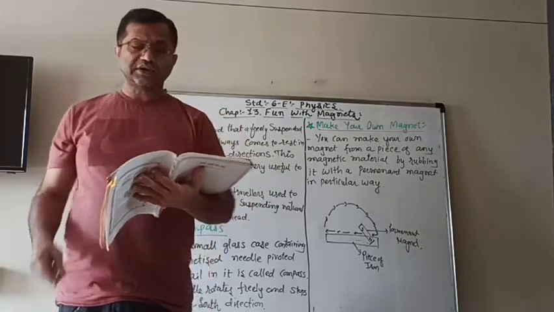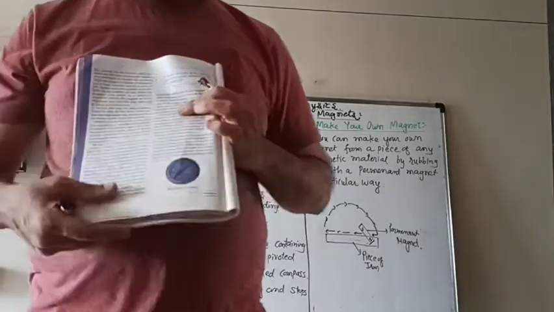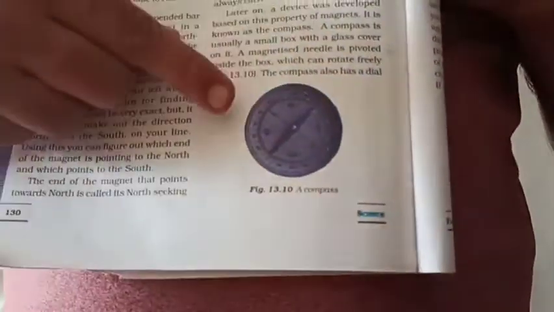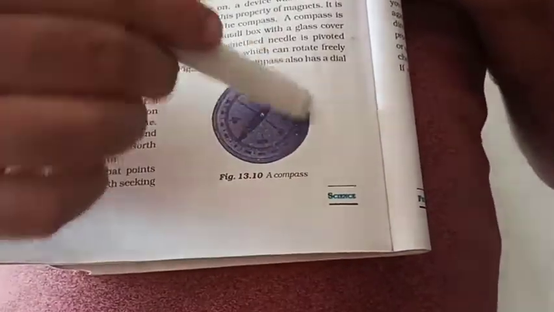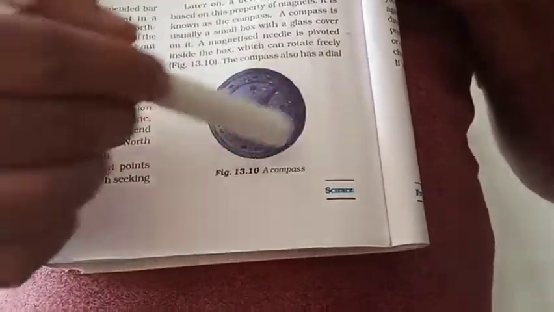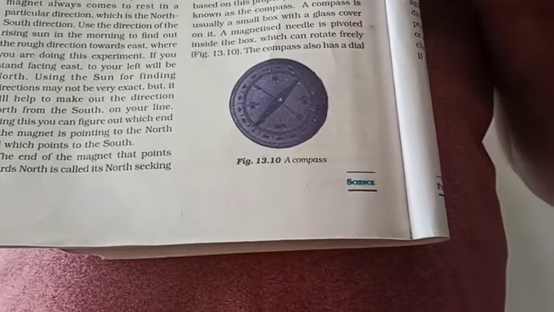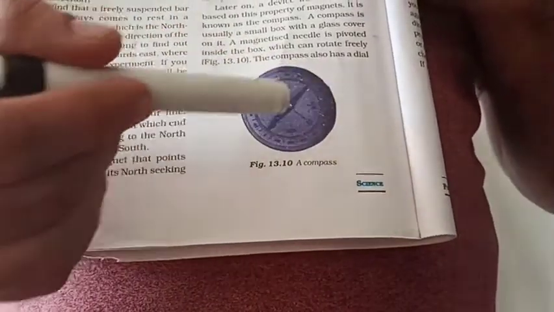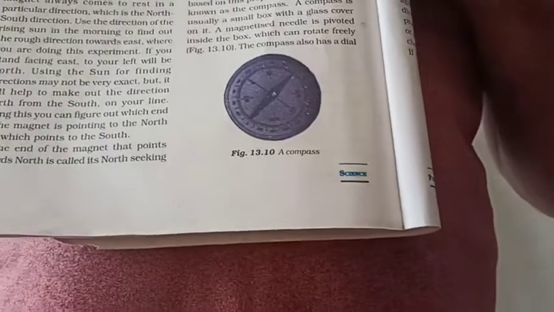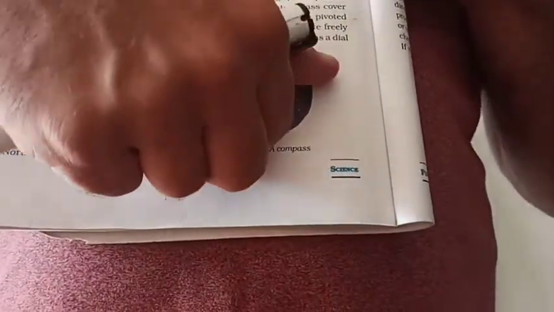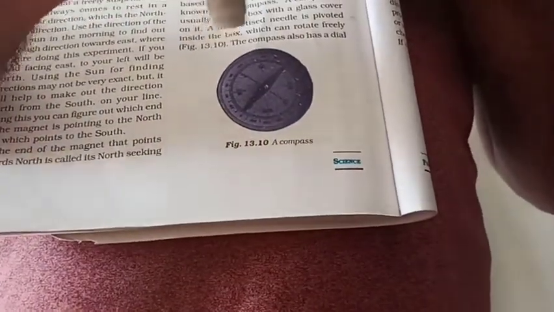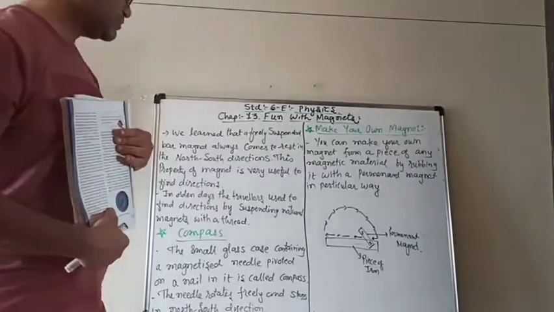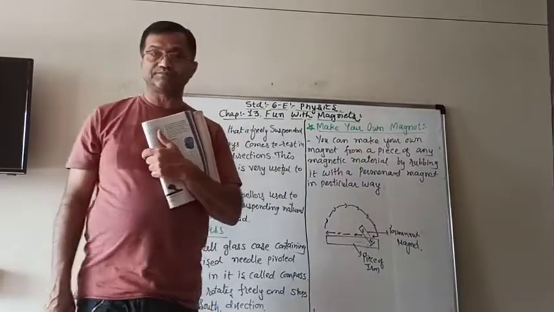You can see it shown here, not a clear picture, but still you can see in the middle the black magnetic needle, the dial, and the four directions. This needle is half red colored and half black colored, and you have to rotate it such that the red point and the north written on the dial coincide, and then that will give you the north and south direction.